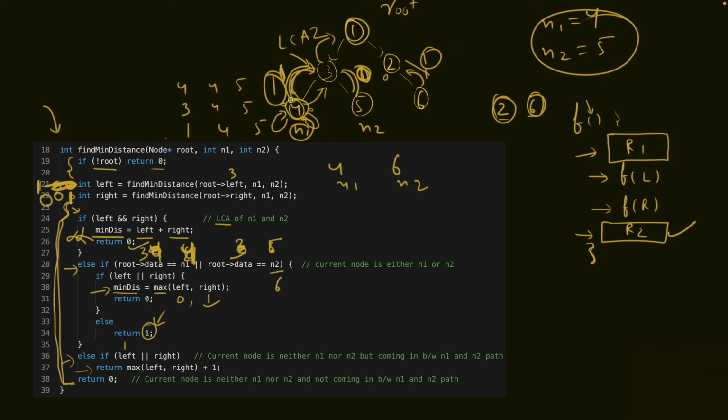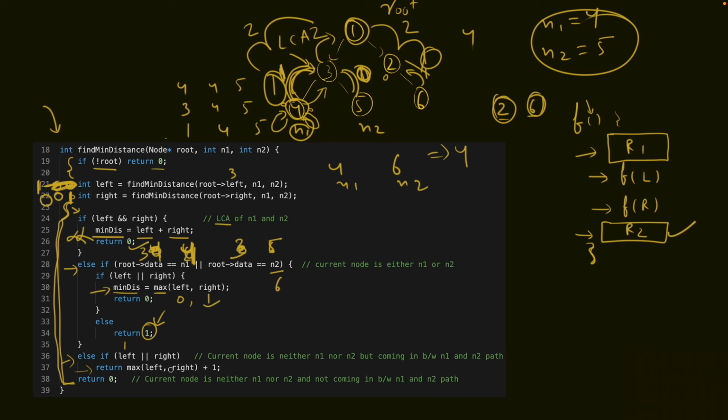From 4 to 3 it is 1 and then 3 to 1 it is another 1. So 1 plus 1, 2. So the whole left subtree is like 1 and 1, so it's like 2. Now what remains is this and this condition, which is going to be 2 and 2 plus 4, and you will have the distance between 4 and 6 equal to 4. Okay. So this is for that condition.